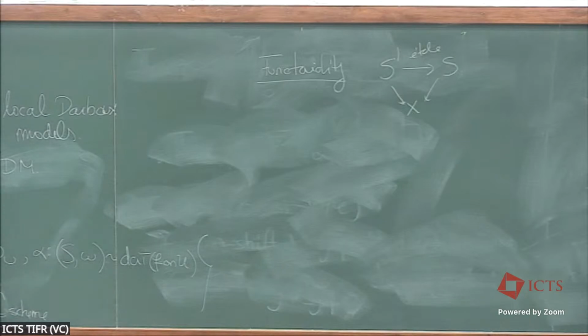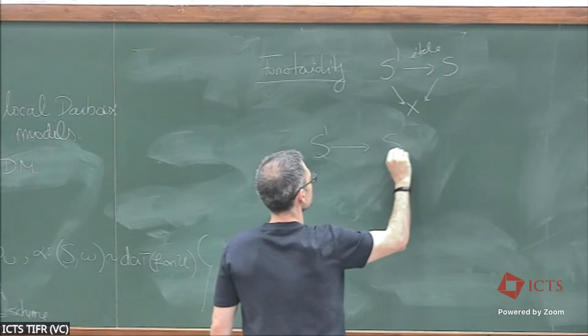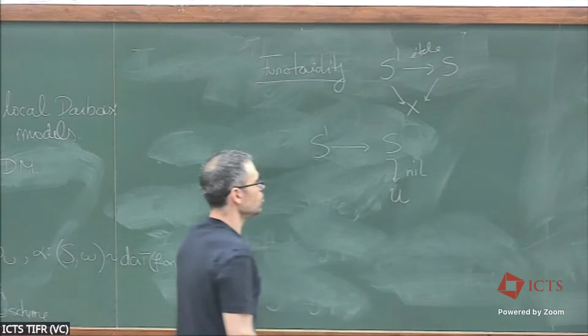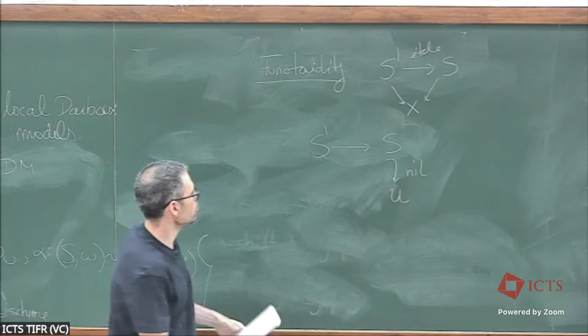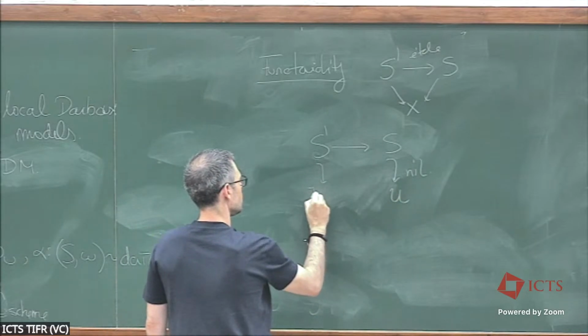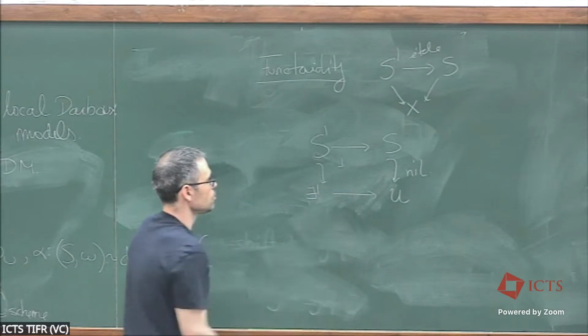You would like to be able to pull back something like this defined on S to something like this defined on S prime. But if you have something like this defined on S, essentially this is a nilpotent thickening of S. And you would like to say that there exists some nilpotent thickening here, such that this is a pullback.